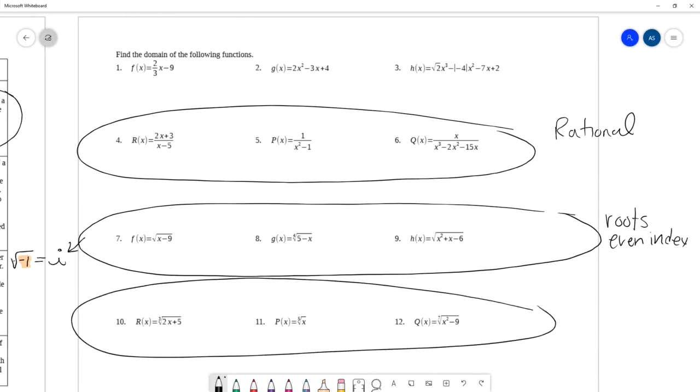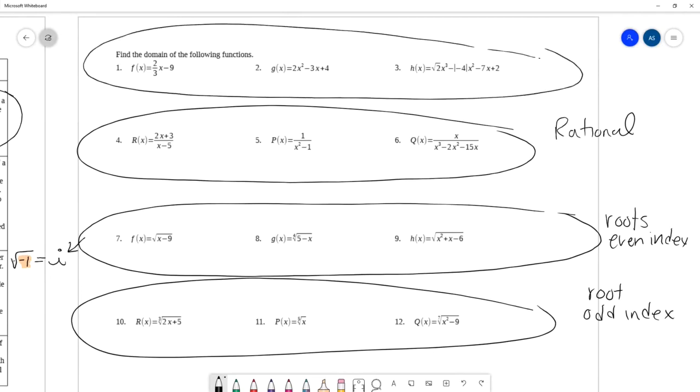All of these have roots with an odd index. And here, we don't have a variable in the denominator. We don't have a variable inside of a radical. So we have polynomials.